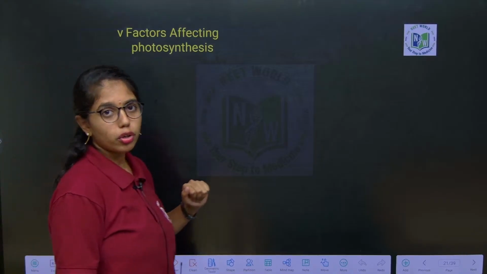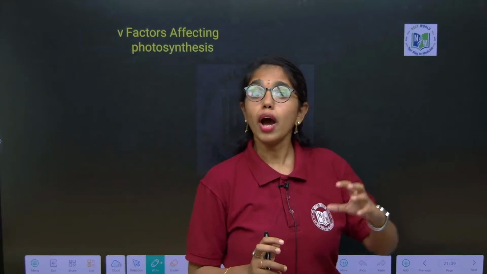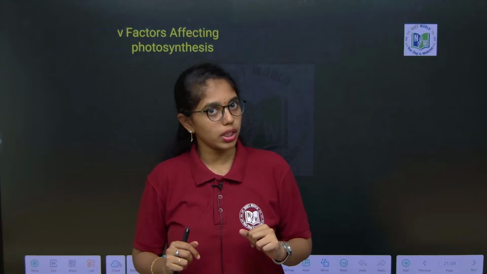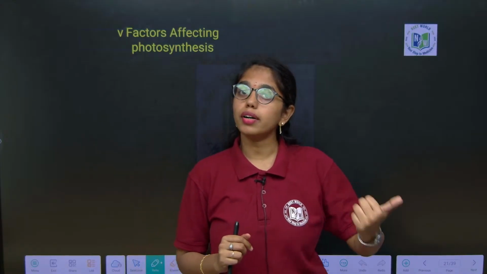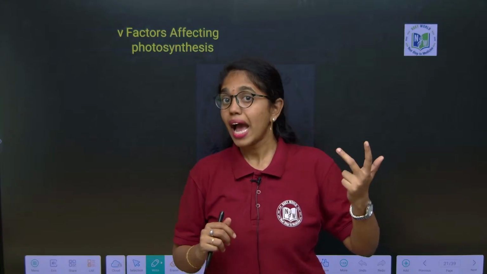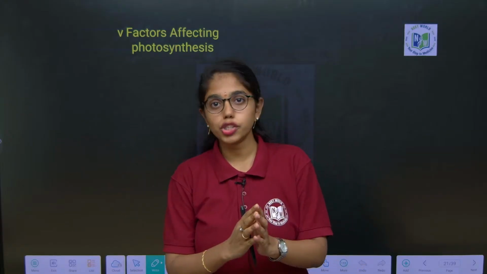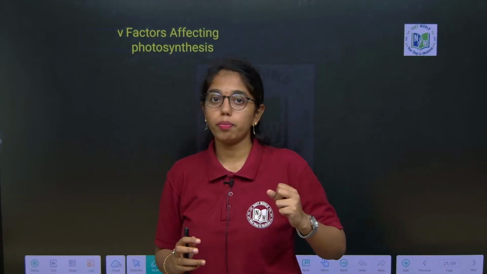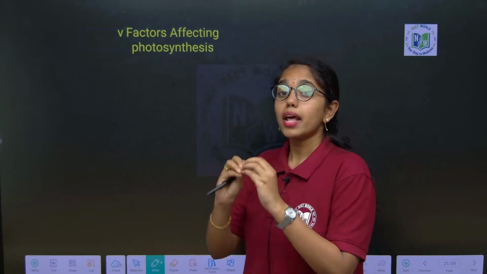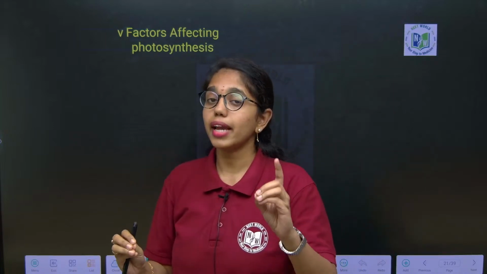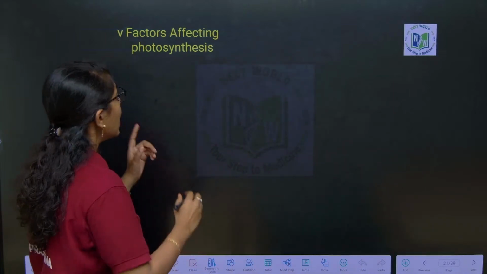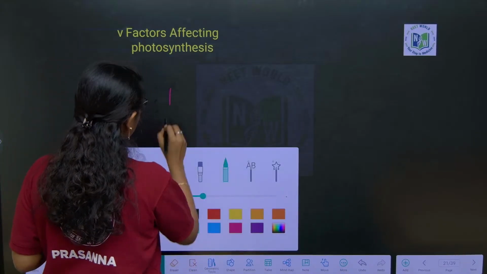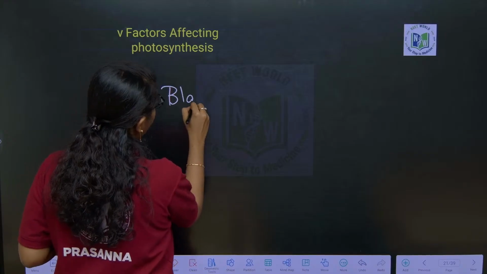Factors affecting photosynthesis, as we all know: external factors and internal factors both affect the process of photosynthesis. External factors include light, temperature, water, and internal factors include age and orientation of leaves, chloroplast synthesis and chloroplast number. When there are multiple factors involved in one biochemical reaction, here comes the concept of Blackman's law of limiting factor.